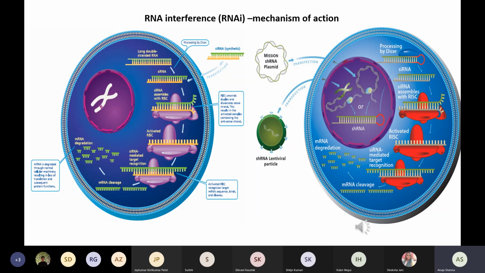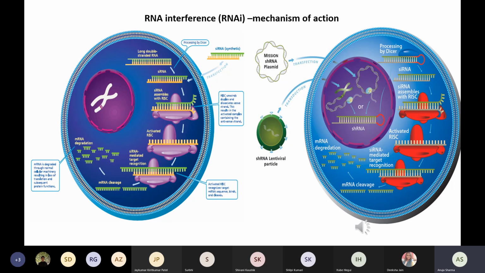Then RISC unwinds the duplex and releases the sense strand. The RISC-bound antisense strand then serves as a guide for targeting the activated complex to complementary mRNA sequences. This results in subsequent mRNA degradation.